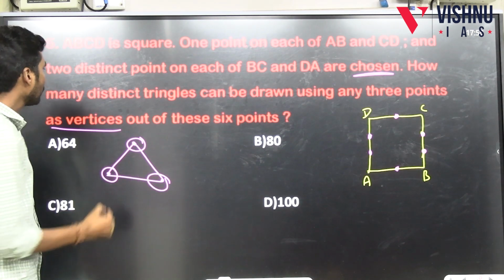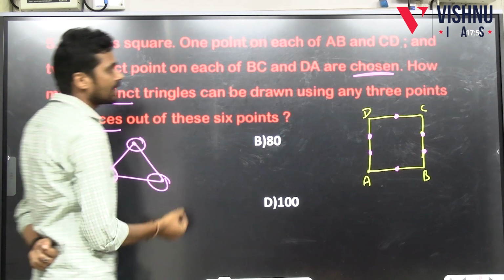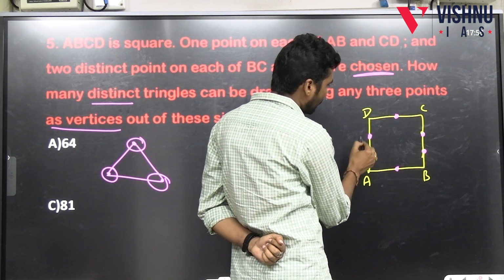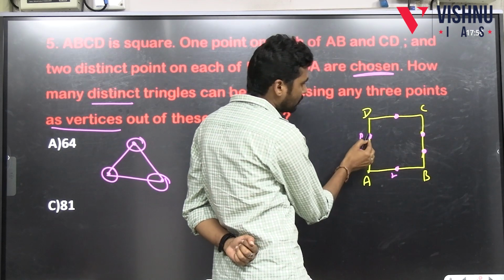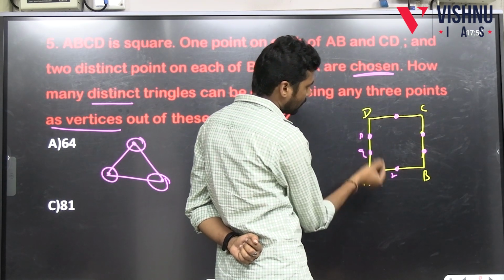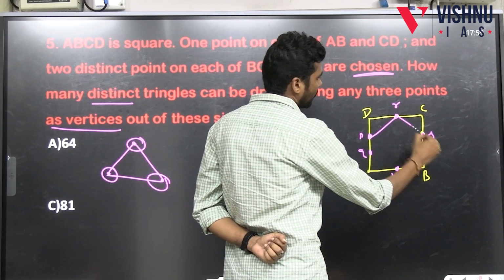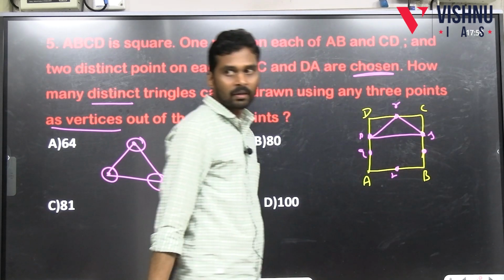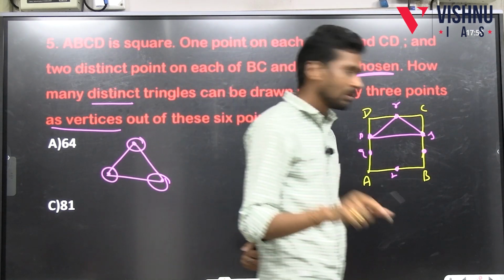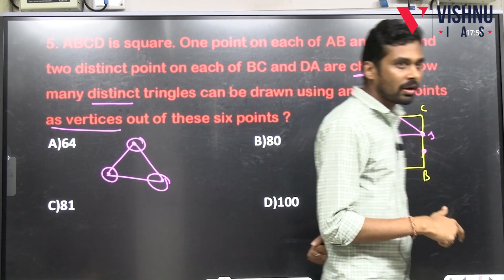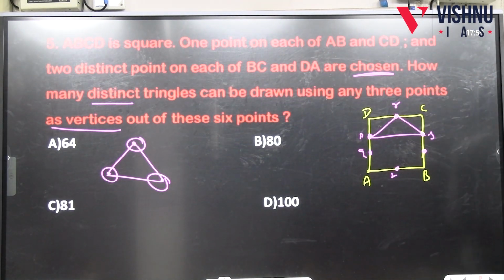Finally, what we need to find out is how many different triangles can be drawn by using any 3 points, which means that suppose I name them as P, Q, R. By using these 3, let's say RS, I can form a triangle, right? By using any 3 points, you can also make this one as a triangle. By using any 3 points, how many triangles can we draw?